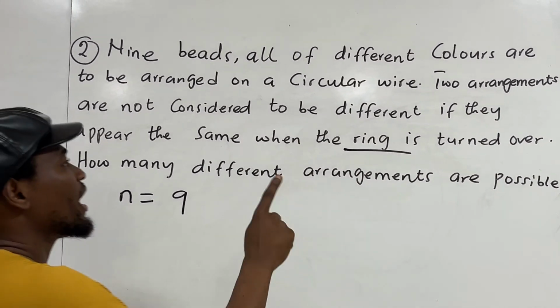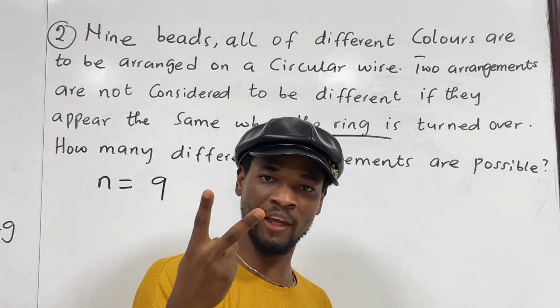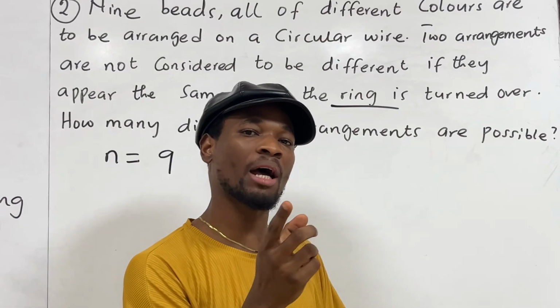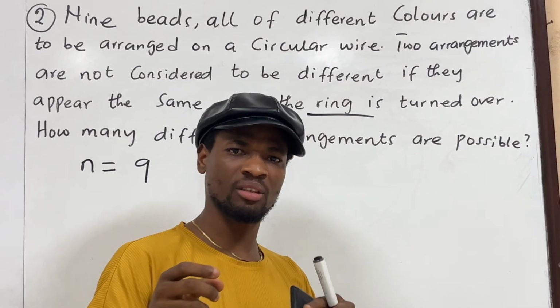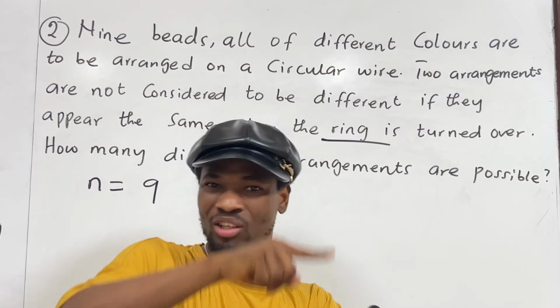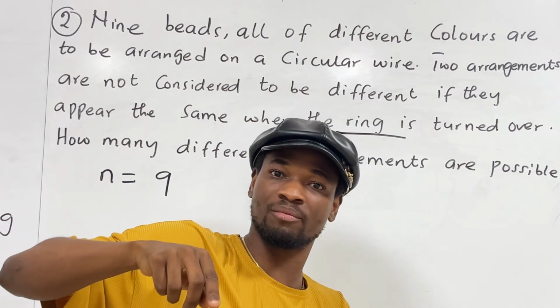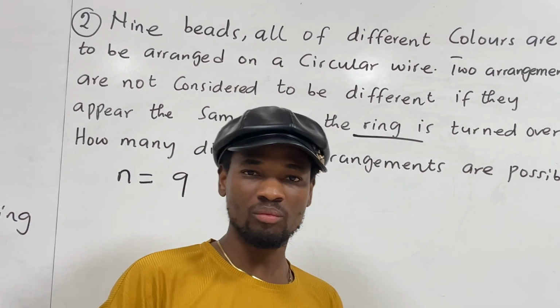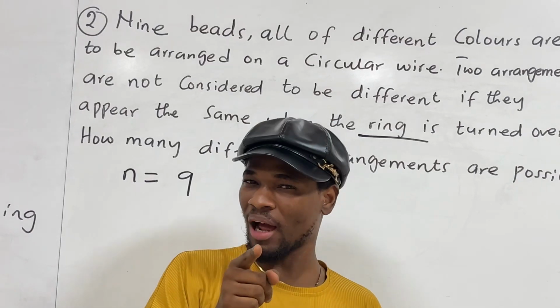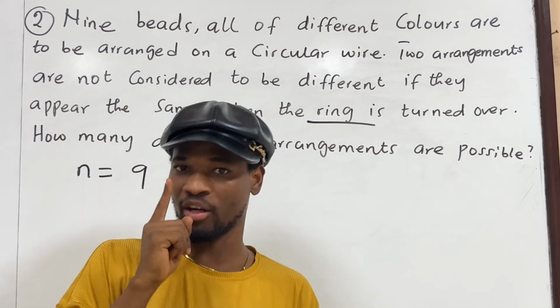Viewers, remember, I told you that for cyclic permutation, we have 2 types of directions: the clockwise direction and the anti-clockwise direction. So if we have a situation where the clockwise direction is the same as the anti-clockwise direction, then the formula is n minus 1 all factorial divided by 2.